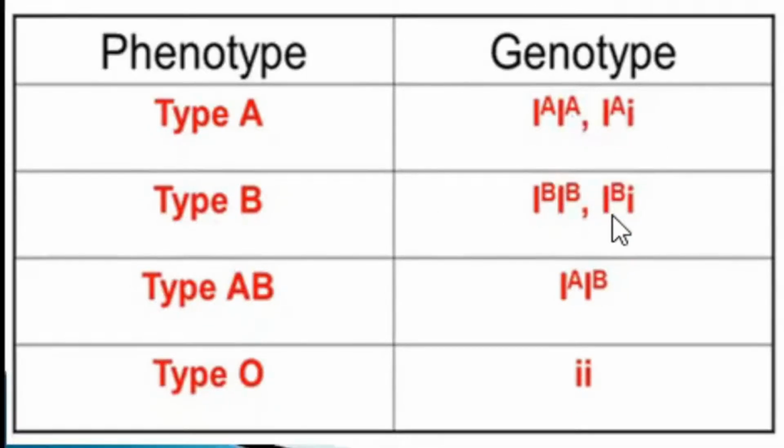Blood group B also has two kinds of genotypes. You have homozygous blood group B, the same kind, or heterozygous. Hetero means different. Then you have blood group AB. This one only has one option, which is AB.